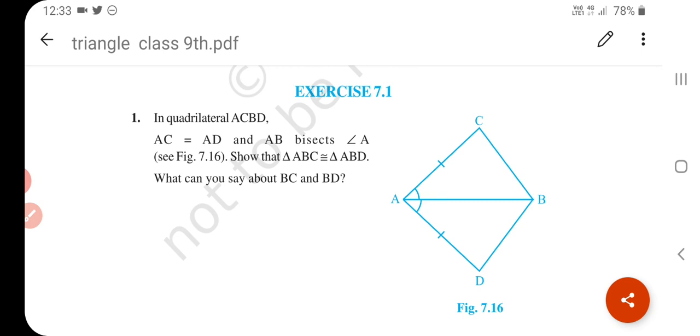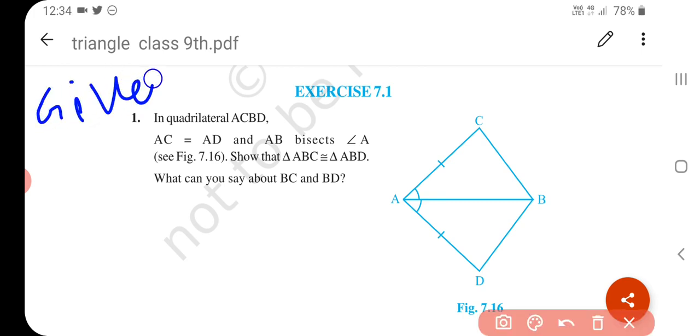So if AB bisects angle A, then you can write it. How can you write it? See here. First of all, write what is given.